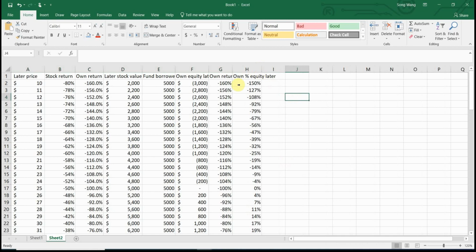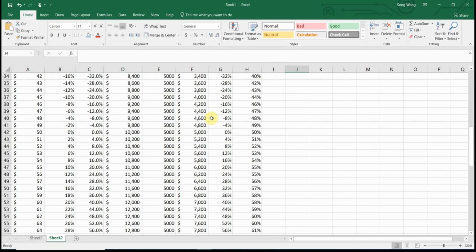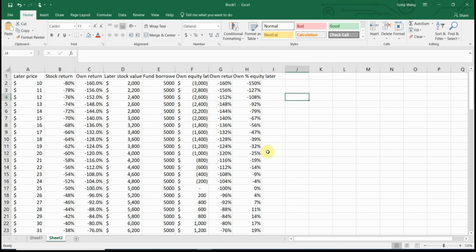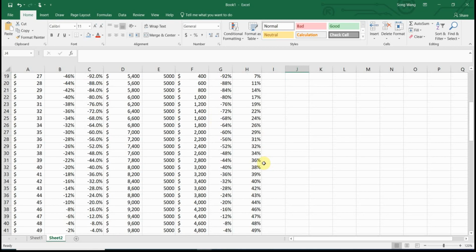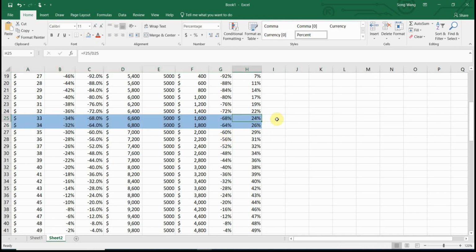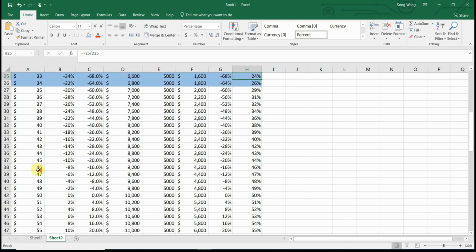So I want you to perform this calculation based on different stock prices, and I want you to mark these two rows, because that's when the margin call will start, 24 and 26%, given your margin call is 25. And that will happen if the stock price drops from $50, the current price, to $33 or $34.